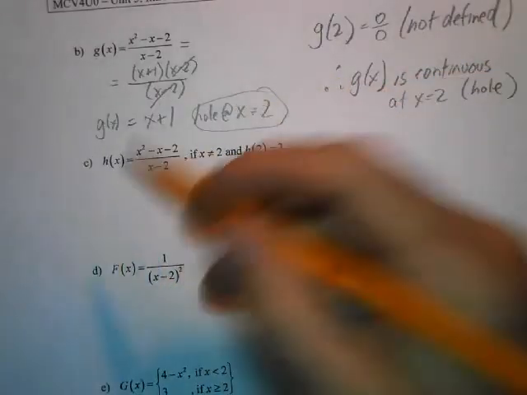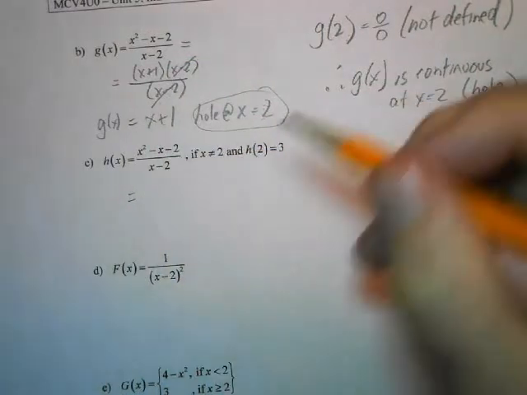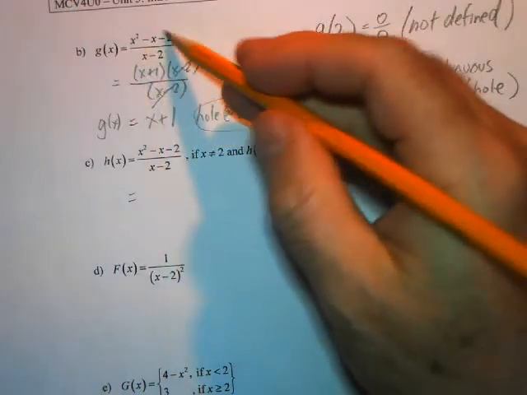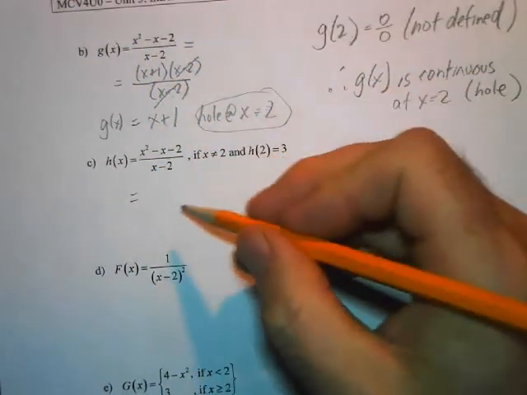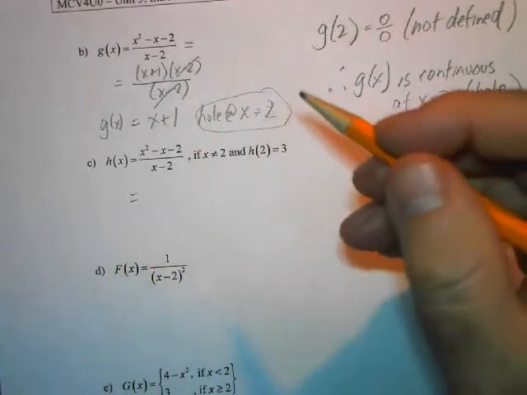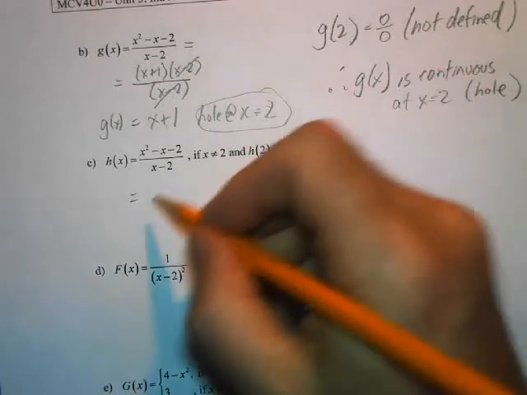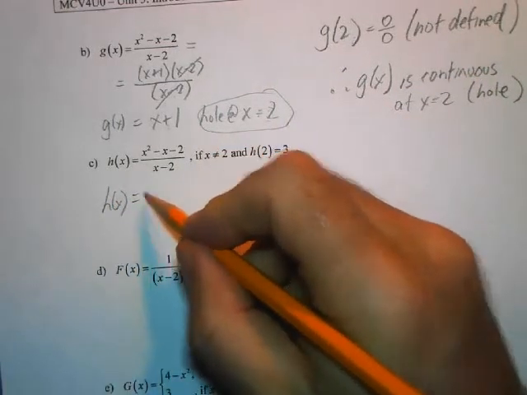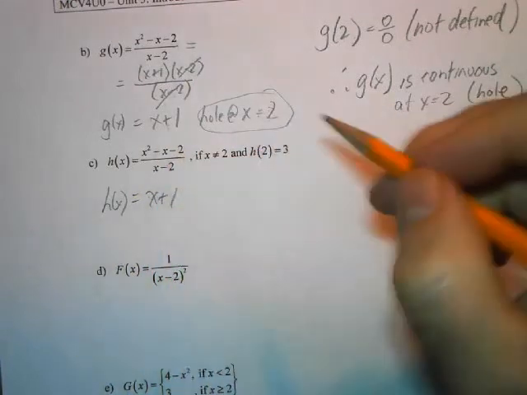Now, here's another, basically the exact same function, but we just call it something different, h. This time, we could simplify that to x plus 1, because we cancel the x minus 2's.